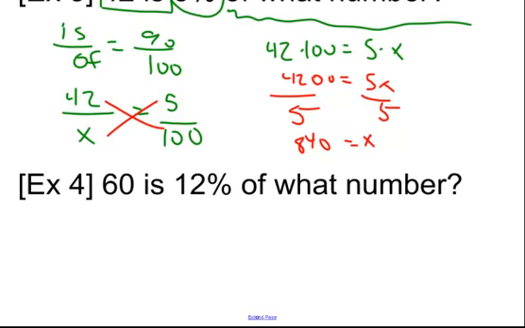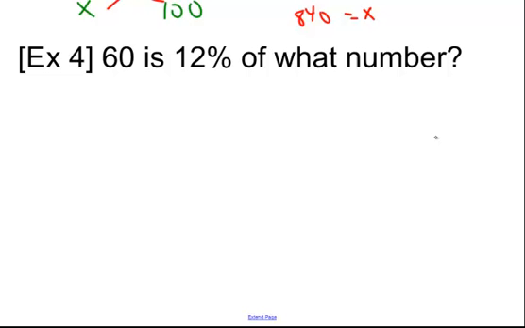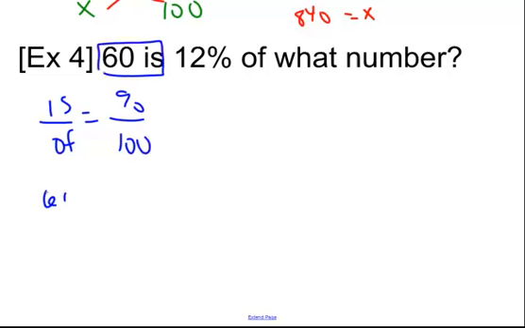Okay, welcome back. So it says 60 is 12% of what number? Again, let's write down our is over of equals percent over 100. 60 is 12%. Remember, it's always out of 100.